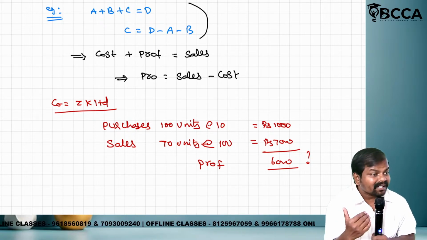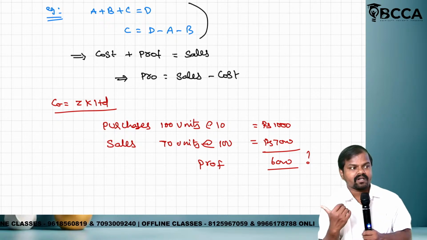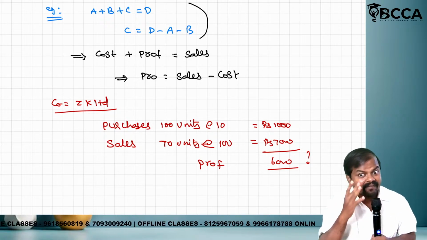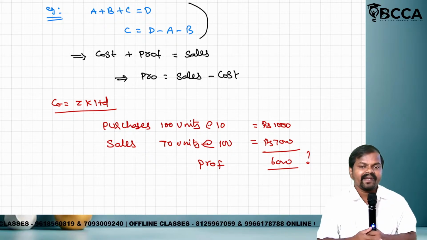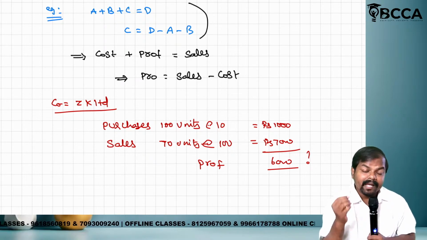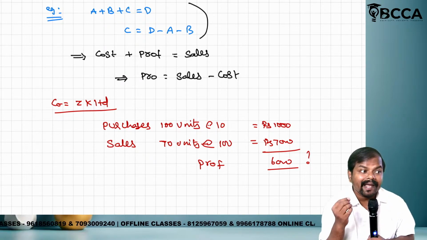Is this the correct profit? I asked this in the previous class, and in that class itself I revealed the logic. Here, it is not the correct profit because the matching concept principle is violated.